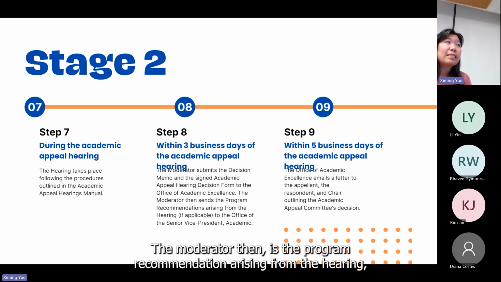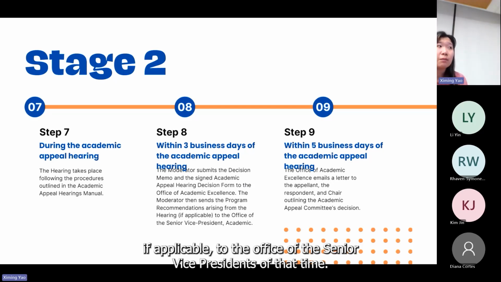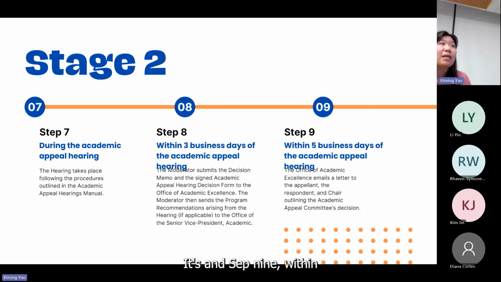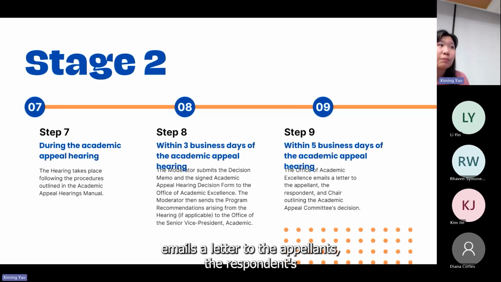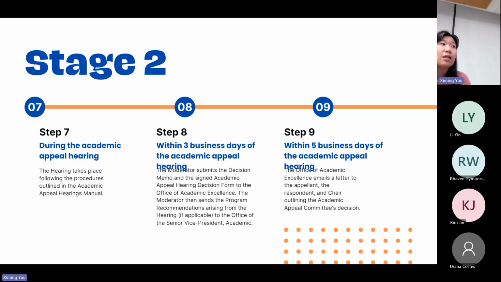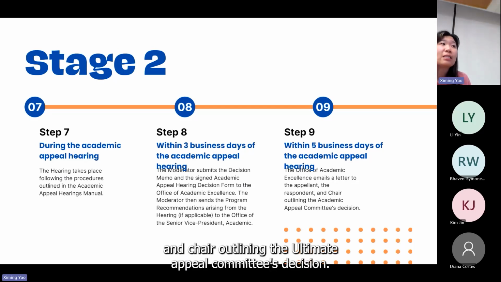The moderator then sends the program recommendation arising from the hearing, if applicable, to the Office of the Senior Vice President of Academics. And step 9, within 5 business days of the hearing, the Office of Academic Excellence emails a letter to the appellant, the respondent, and chair, outlining the academic appeal committee's decision.